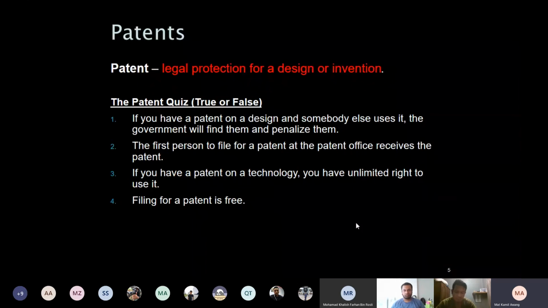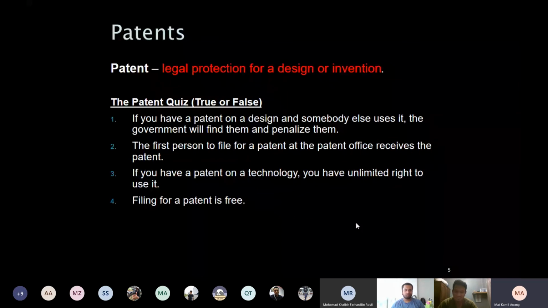The patent actually has to be filed in each country that you want to protect. If you want to protect in the US, you have to patent in the USPTO, the US Patent and Trademark Office. If you want to patent in Japan, you have to patent in the Japan Patent Office.